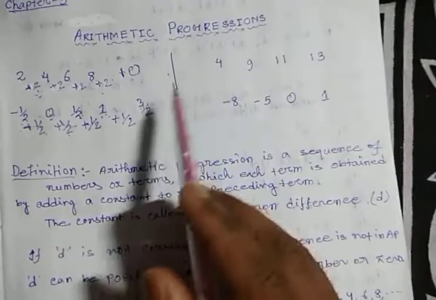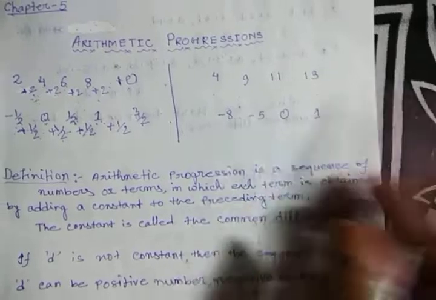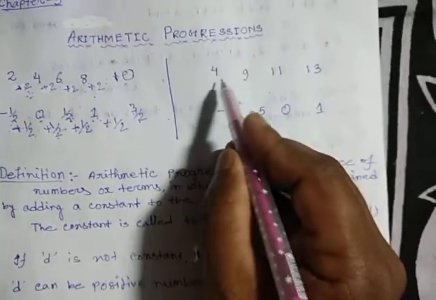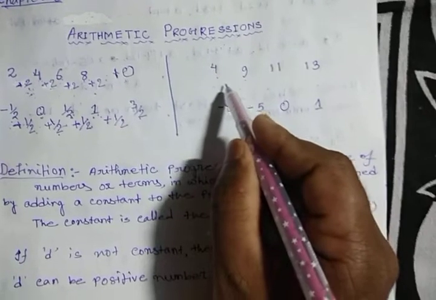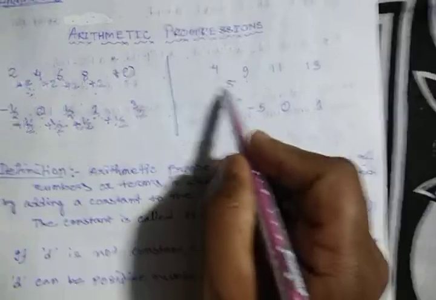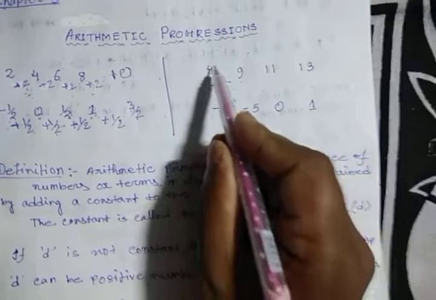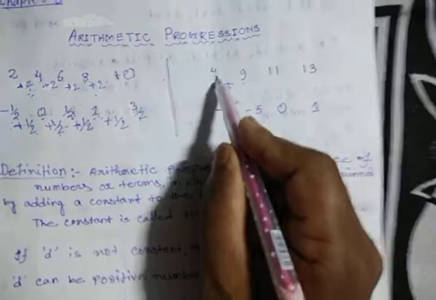Okay. Now let us see another pattern. 4, 9, 11, 13 and so on. So here the difference is, if we subtract 4 from 9, then it will become 5. That means if we add 5 to 4, then it will become 9.